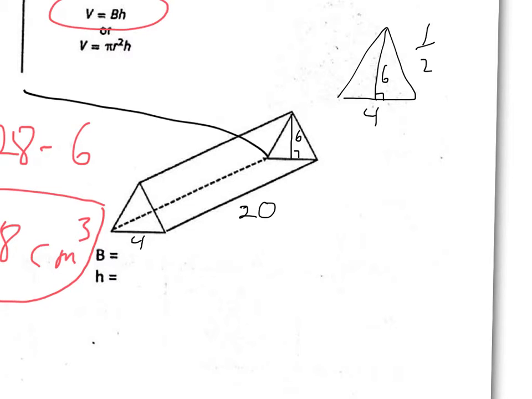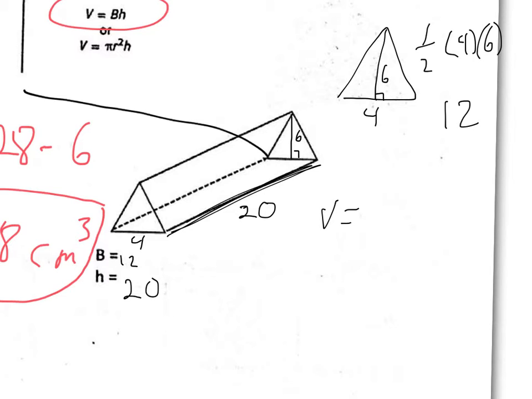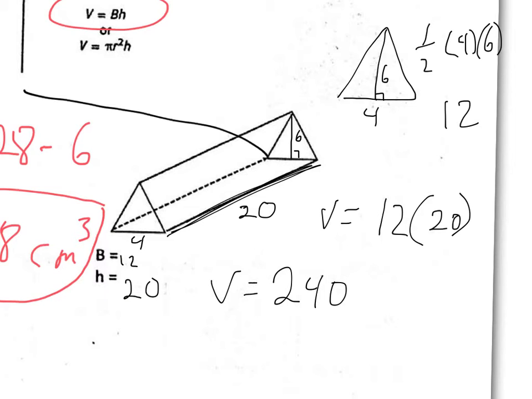That would be 1/2 base times height, which ends up being 12. So the area of my base is 12. The height is 20, distance between the two bases. So the volume is equal to the area of my base, 12, times the height, 20. Multiply that out and I end up with 240 cubic units. Volume will be cubic.